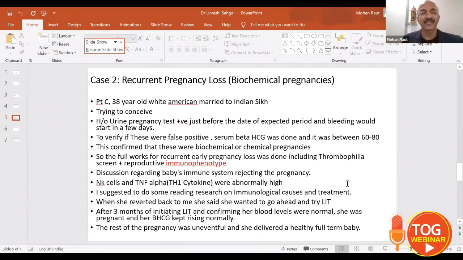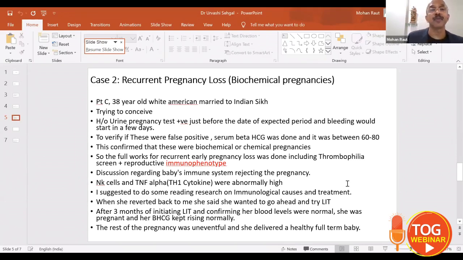So that's great. Any of the panelists would like to share their views on biochemical pregnancies? There was a debate some time back whether biochemical pregnancy should be counted as pregnancy loss or not. But now it is proved beyond doubt.